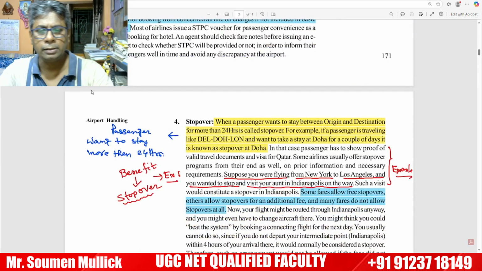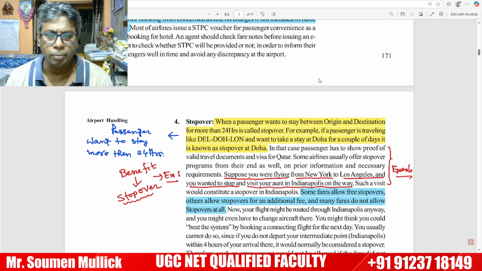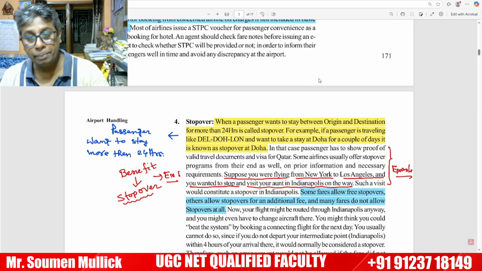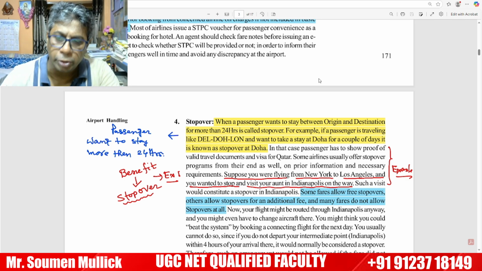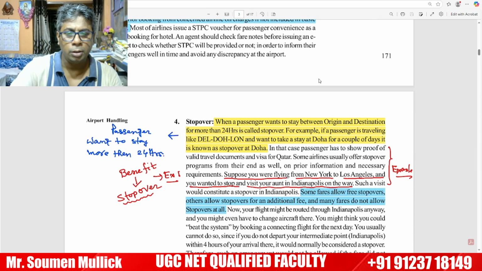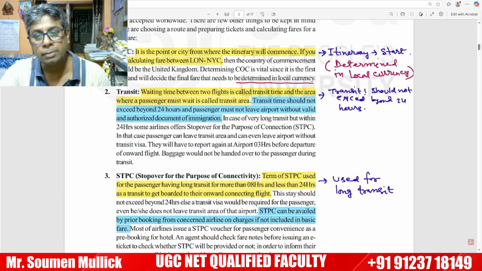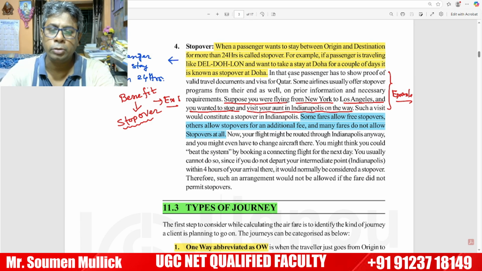Next important thing, the stopover. When a passenger wants to stay between origin and destination for more than 24 hours, it is called a stopover. I repeat again. When a passenger wants to stay between origin and destination for more than 24 hours, it is called a stopover. In the case of transit, it should be less than 24 hours. And in the case of stopover, passengers stay more than 24 hours.